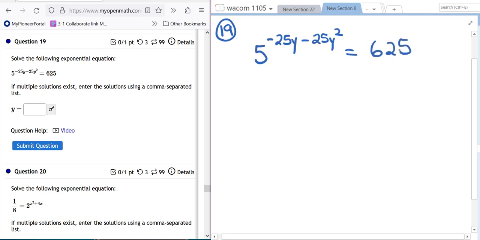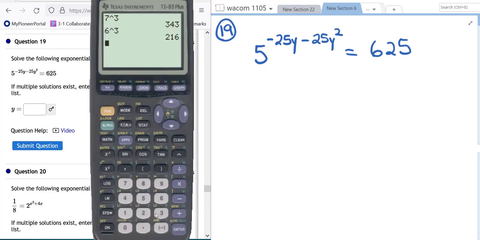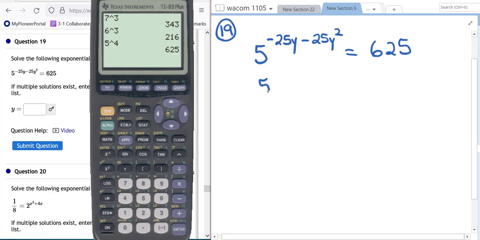Right, so really your candidate here is to try to write 5 to a power is 625, and it is to the 4th power. For 625. All right, so this will keep.